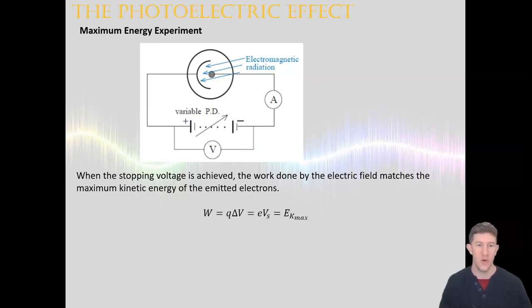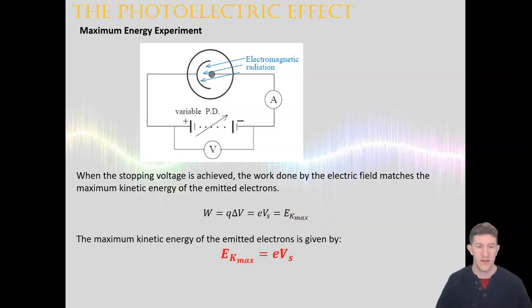So we could say that the work done, which is q delta V from our earlier electric field stuff, is equal to eVs, the stopping voltage. That's then equal to the maximum kinetic energy. So the maximum kinetic energy of the emitted electrons is given by eVs, the stopping voltage times the charge of the electron.